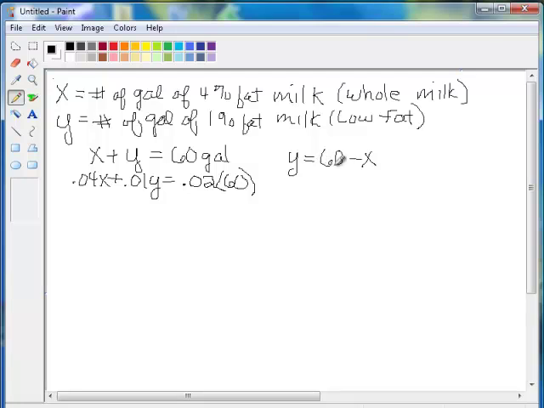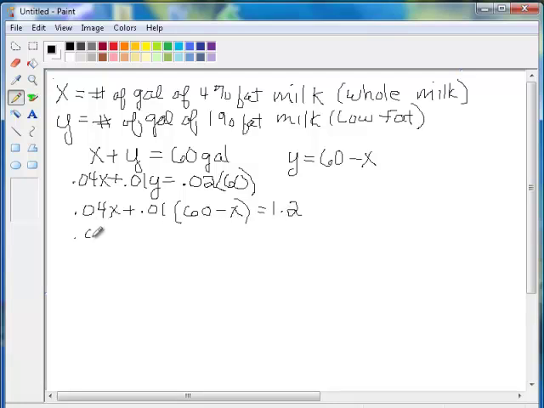And now I will substitute the 60 minus X into this equation for the Y. So I'll have 0.04x plus 0.01 times 60 minus x. And I'll go ahead and multiply 0.02 times 60, and I will get 1.2.